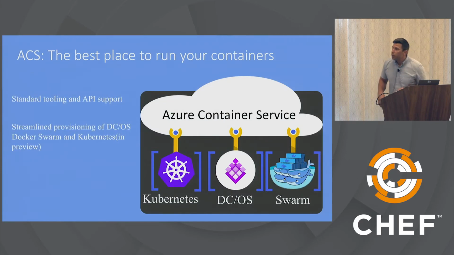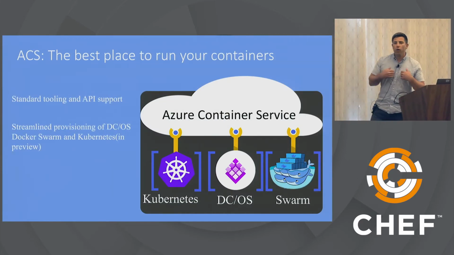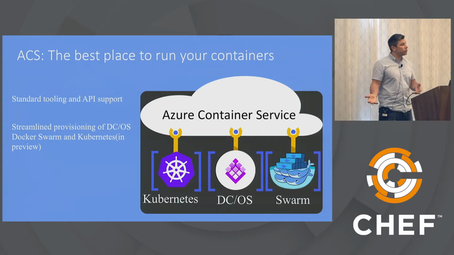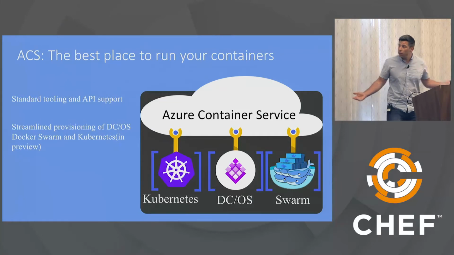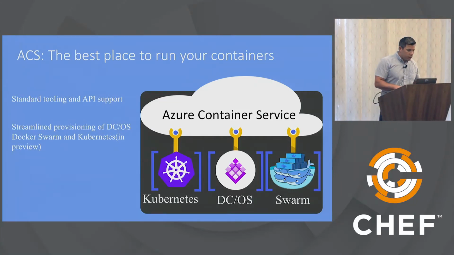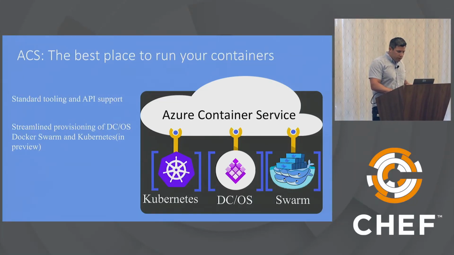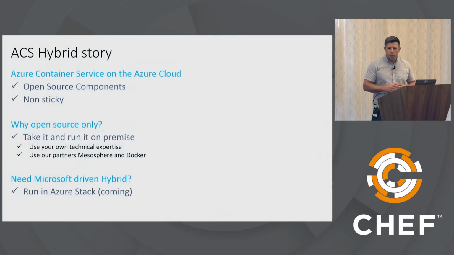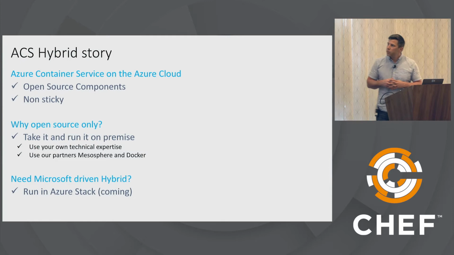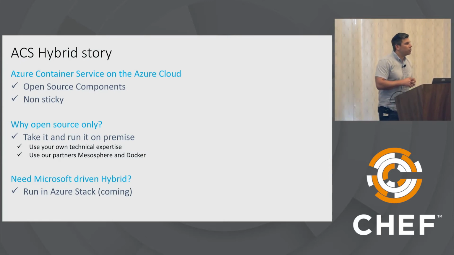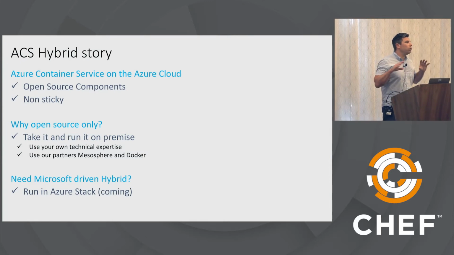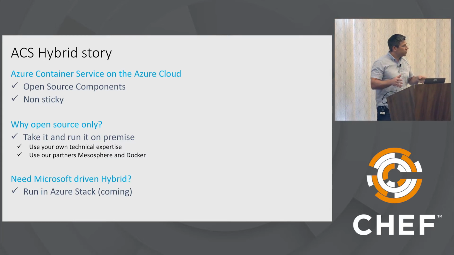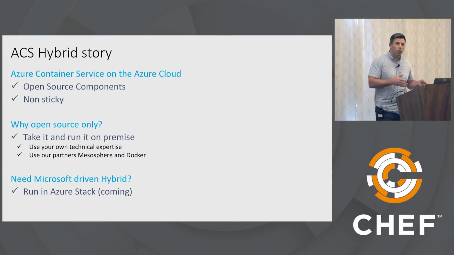So you can say, I know I want to use Kubernetes, I'm going to use K8s in the cloud on Azure. Or you can say, I'm going to use DCOS. Either one gives you your standard APIs, it's not sticky. What we want to hit is open source, not sticky, and you're able to come and go as you please.